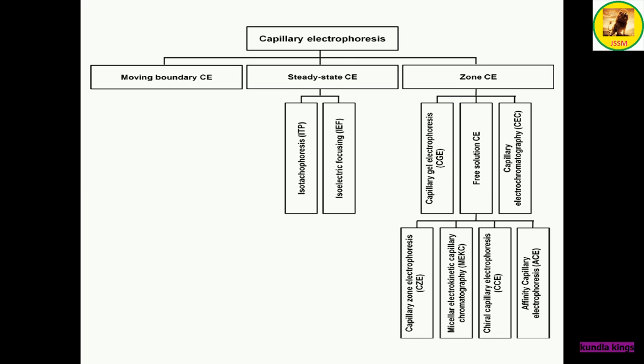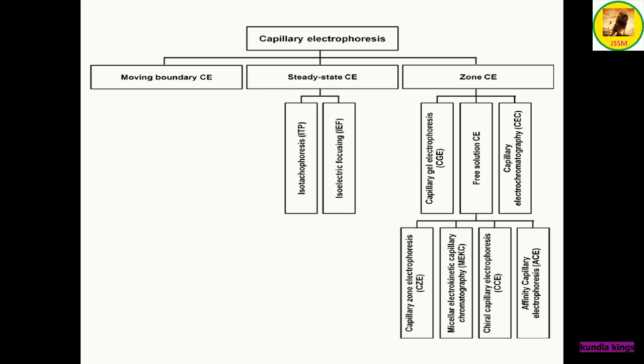Capillary electrophoresis consists of three types: moving boundary capillary electrophoresis, steady state electrophoresis, and zone electrophoresis. Steady state electrophoresis consists of isotachophoresis and isoelectric focusing. Zone capillary electrophoresis consists of capillary gel electrophoresis, free solution capillary electrophoresis, and capillary electrochromatography.